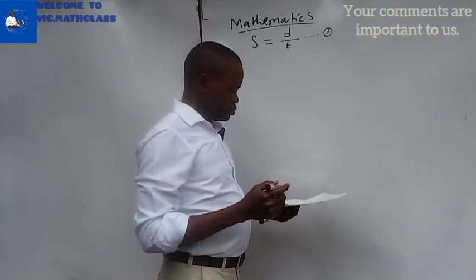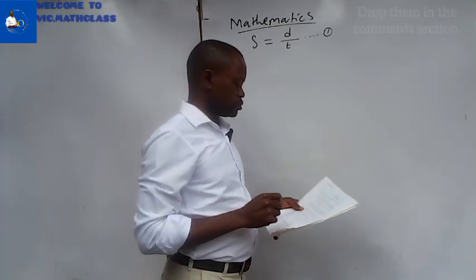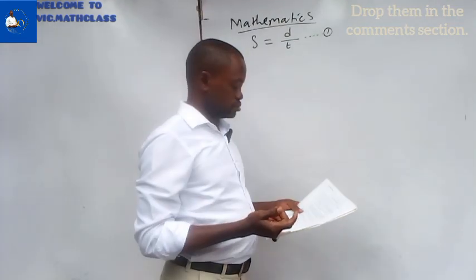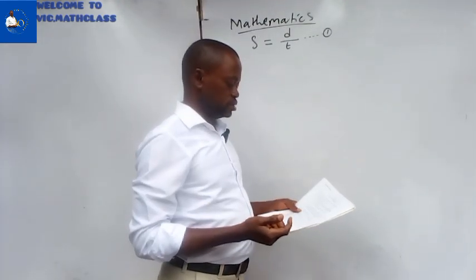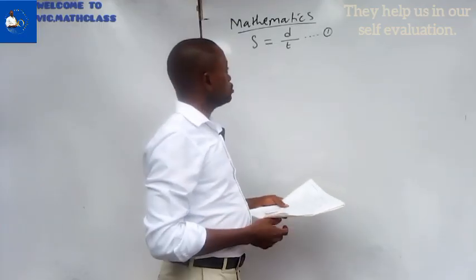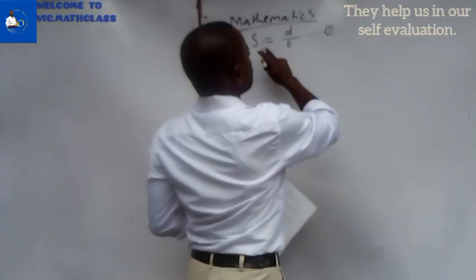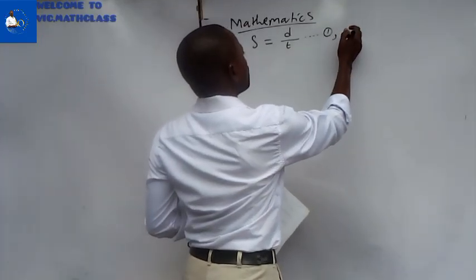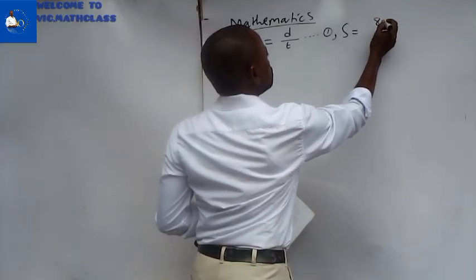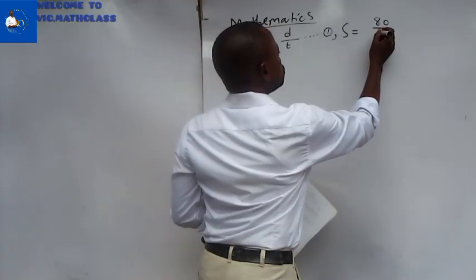But look at what is happening in this statement. This person who is driving, after 2 hours in the journey, has covered 80 kilometers. If we put that information here, the distance is 80 and the time is 2.